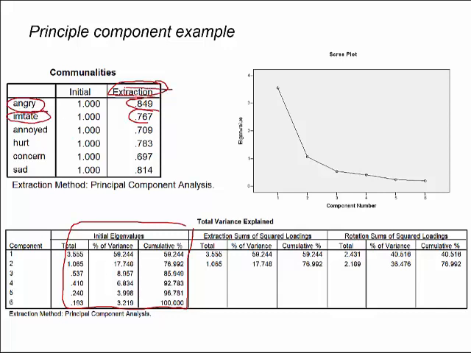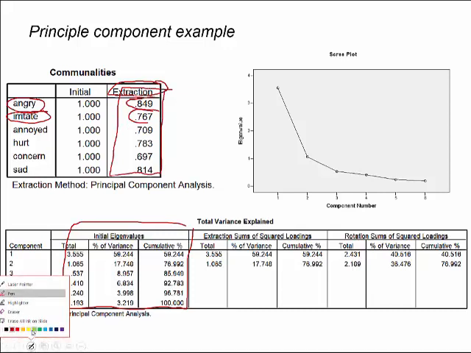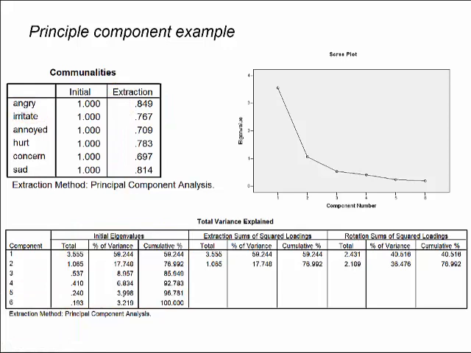So these extraction communalities are the amount of variance explained in each item by just the 2 components that I extracted. And then over here I have the extraction sums of squares and loadings. So where it says total here, this would be the eigenvalue or the extraction sums of squares for component 1 and for component 2, and then there's nothing below that because I only extracted 2 components.